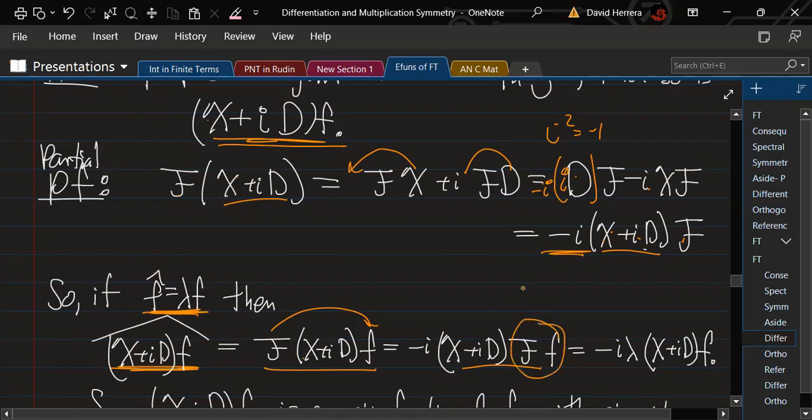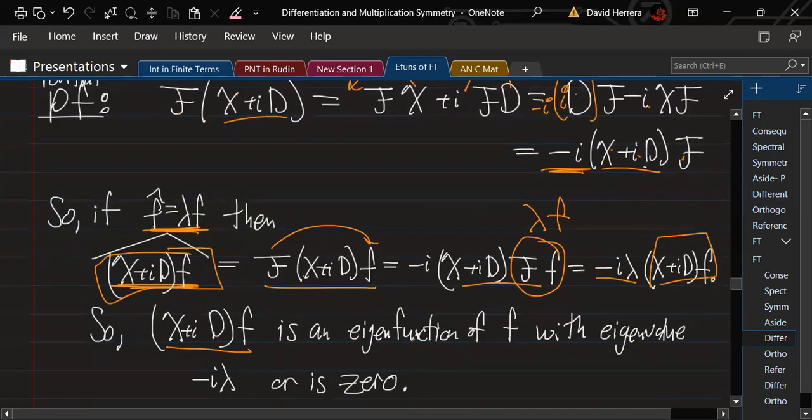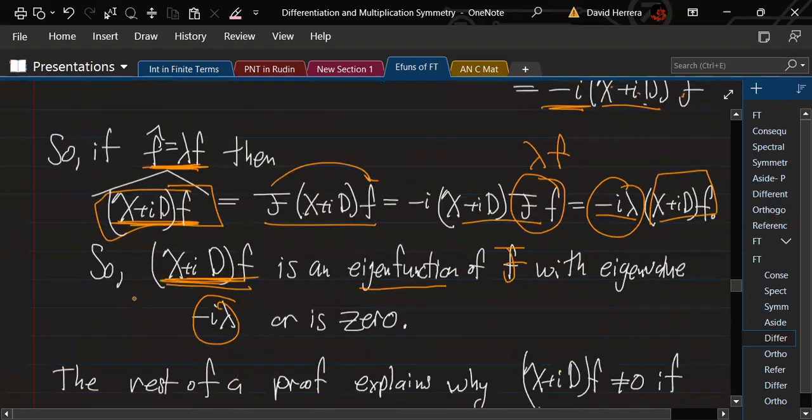Now we get lambda f, so we get minus i lambda times x plus id times f. These are the same thing. So this is an eigenfunction of the Fourier transform with this eigenvalue, or it's 0. It's either an eigenfunction or it's 0.